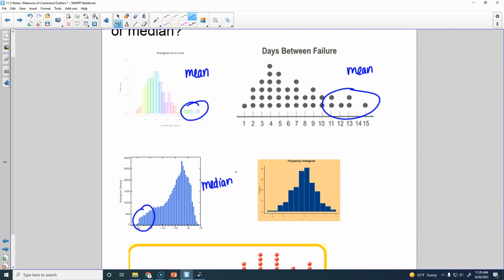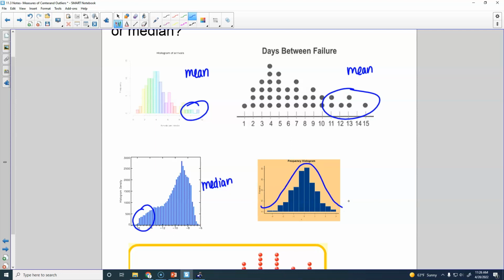What would you say for this one right here that's called a frequency histogram? You got a couple little bars right here, but you also have this one's a little higher than this one. Is there an obvious outlier on either one of these? This is what we would call a normal distribution. We're going to talk about this tomorrow more. It looks kind of like a hill that's about the same on both sides.